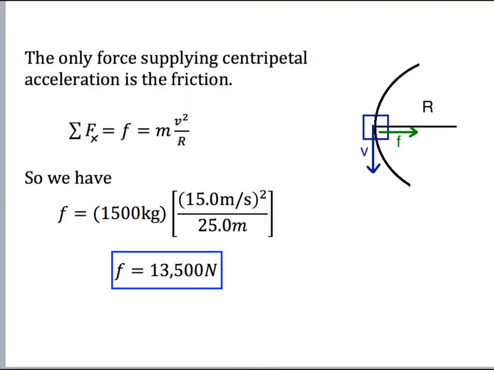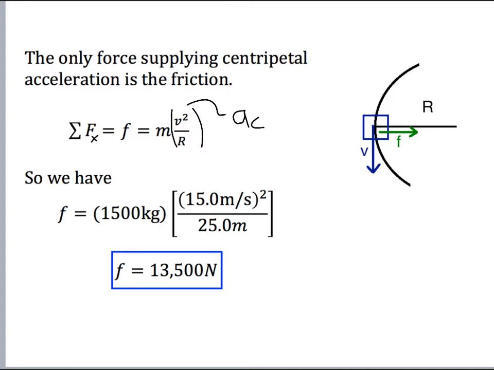So here we have the sum of the forces in the x direction, and there's only one, it's the friction. And so the sum of the forces in the x direction is going to be m times a, and of course this here, that is the centripetal acceleration that we're talking about. And we can just plug in the values.